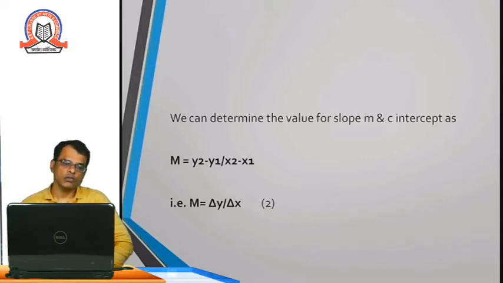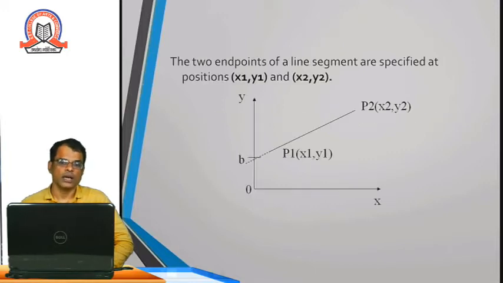To find the slope, we first take the difference of the y coordinates, y2 minus y1, and divide it by x2 minus x1. Here y2 minus y1 is the difference between the y coordinates and x2 minus x1 is the difference between the x coordinates. The coordinates of P1 are x1, y1 and of P2 are x2, y2.